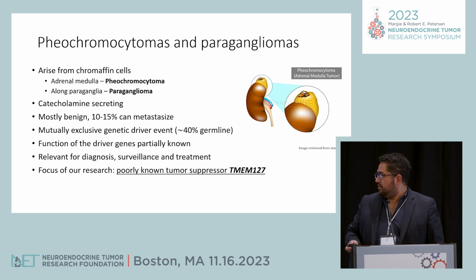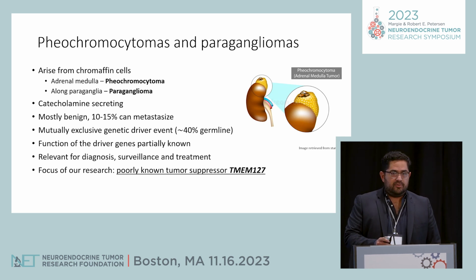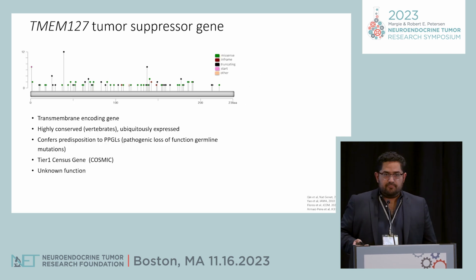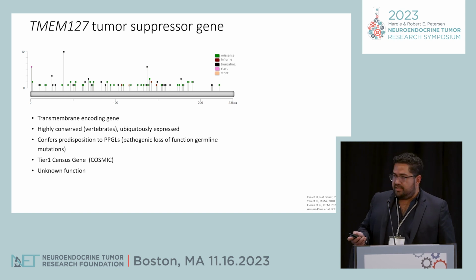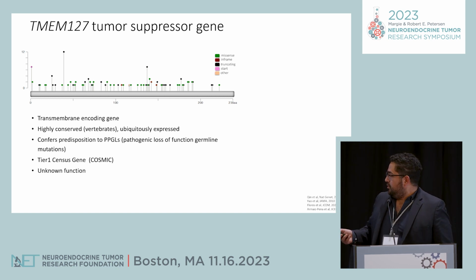And the focus of my research is on the poorly known tumor suppressor gene, TMEM127. TMEM127 codes for a transmembrane protein. This is ubiquitously expressed in vertebrates, and it confers susceptibility to PPGLs due to pathogenic germline loss of function mutations. But its function is relatively unknown.